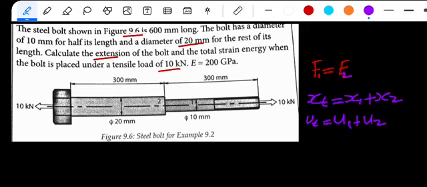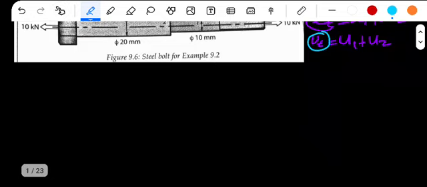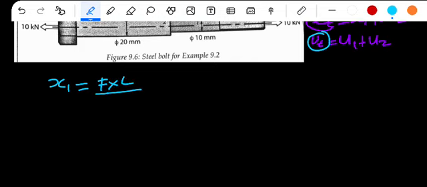So we should calculate the total extension. Total extension must be extension 1 plus extension 2. Extension 1 is given by force multiplied by length divided by area multiplied by Young's modulus of elasticity.